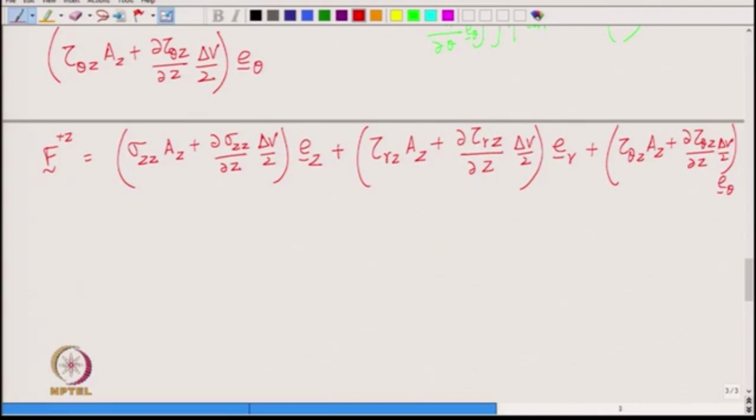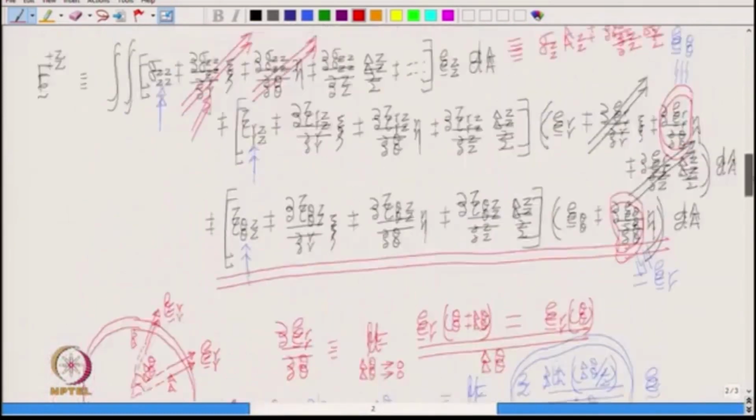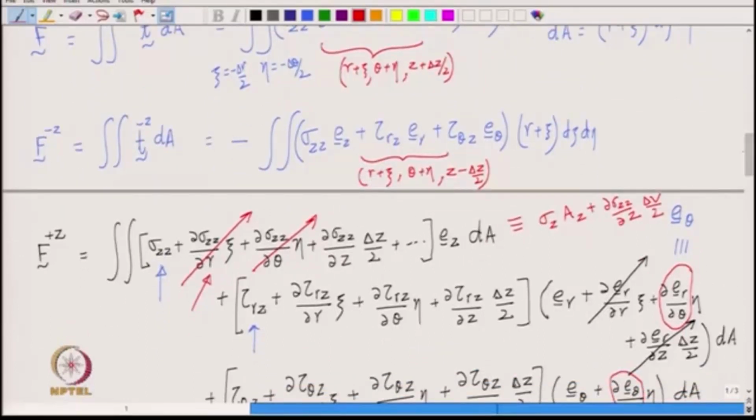You have to likewise work out the force on the negative z plane. Okay. And can you think of what would be the force on negative z plane? So, look at the expression. So, here is the force on negative z plane. You already have a minus sign in the front. Can you see it? But then each of the components are evaluated at z minus delta z by 2.